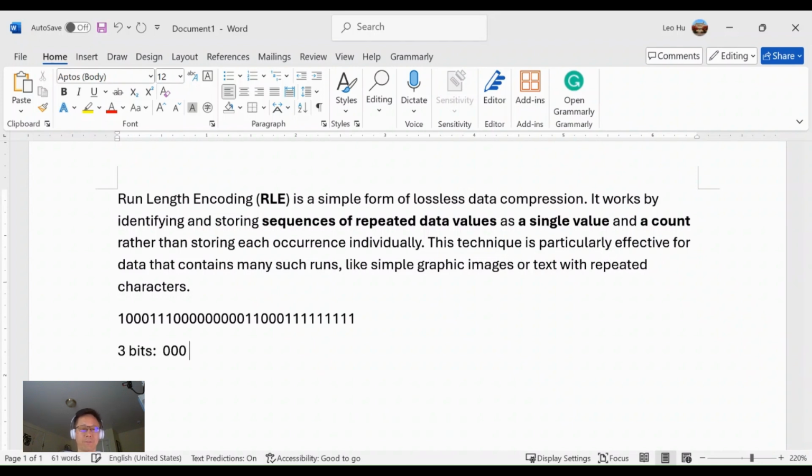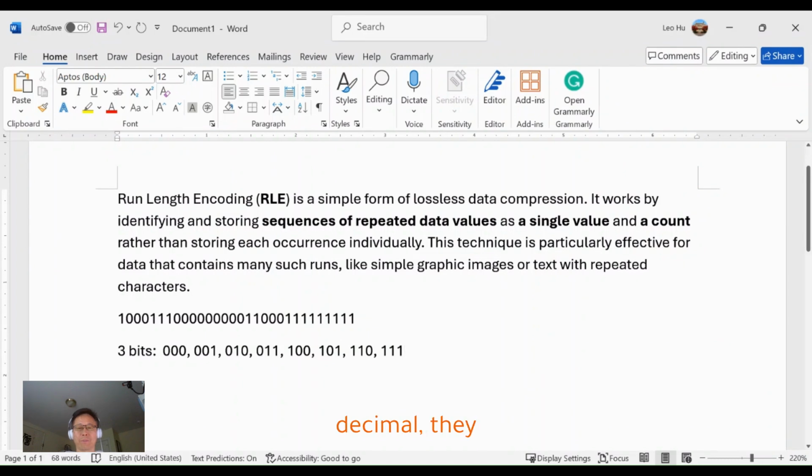0 0 0, which is 0, 0 0 1, which is 1, 0 1 0, 0 1 1, 1 0 0, 1 0 1, 1 1 0, and 1 1 1, right? 8 values.